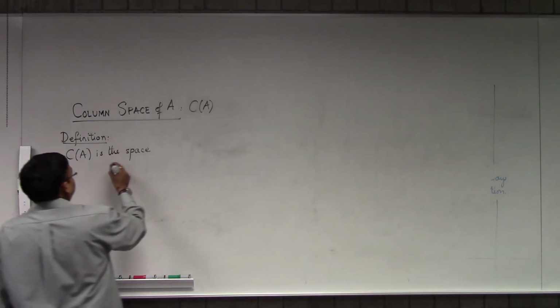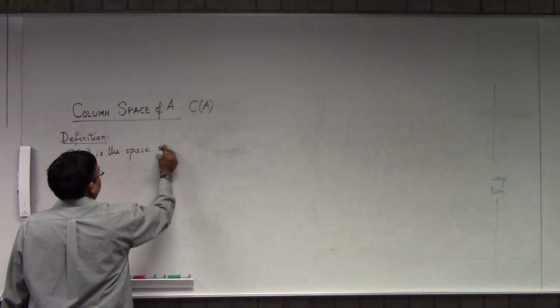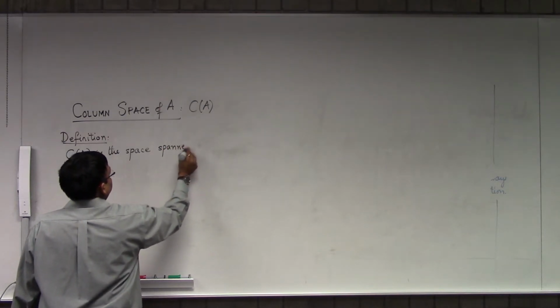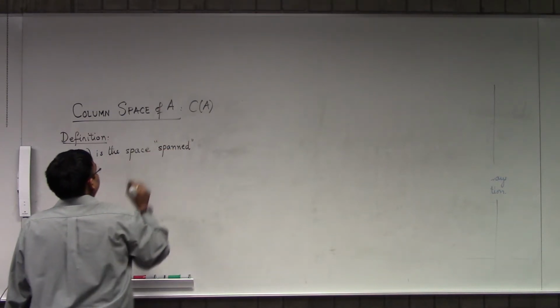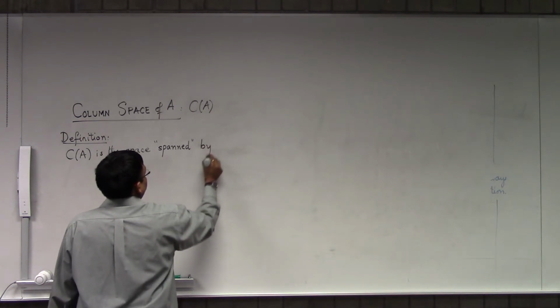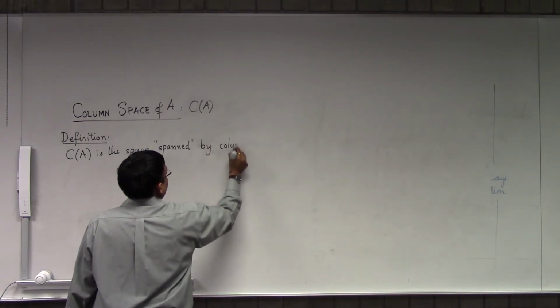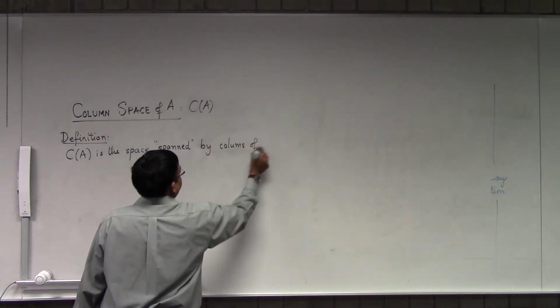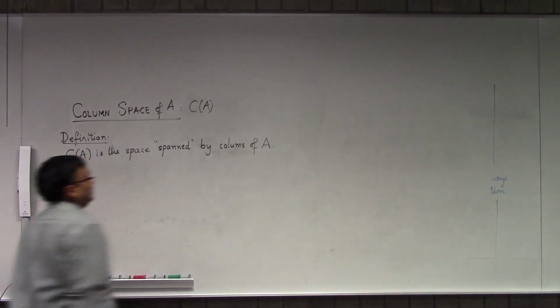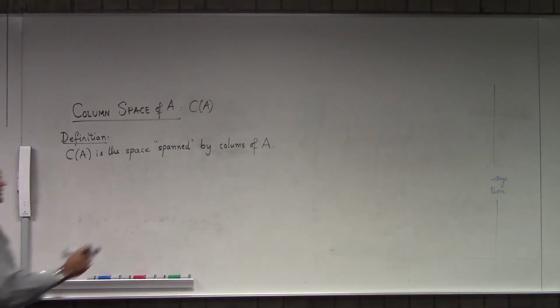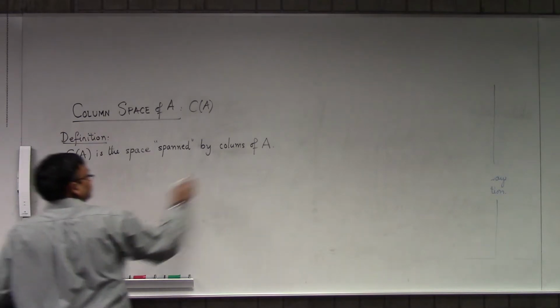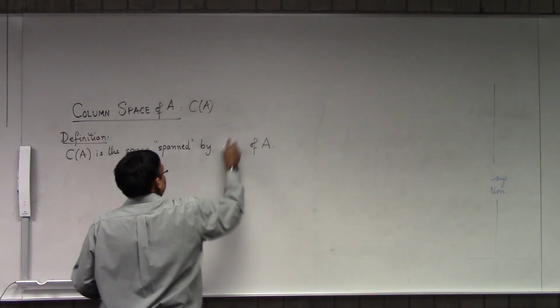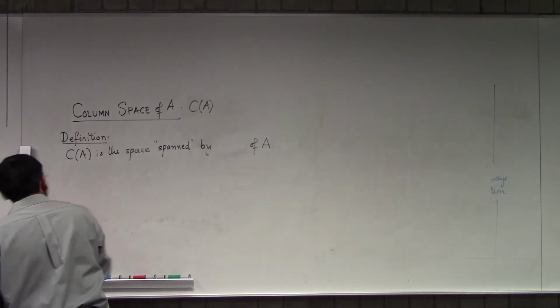So in technical terms, when I say made up, the technical word I mean is this: the space is spanned by the columns of A. So as I said, it's a very easy thing to understand.